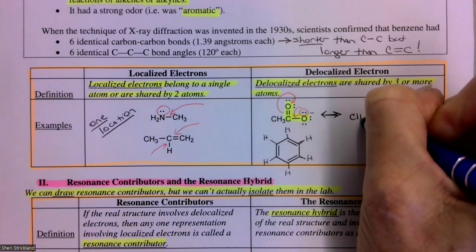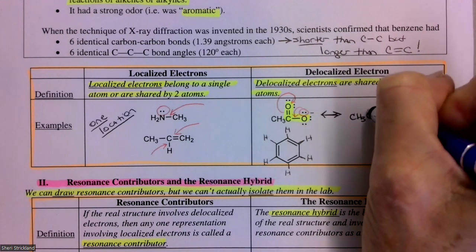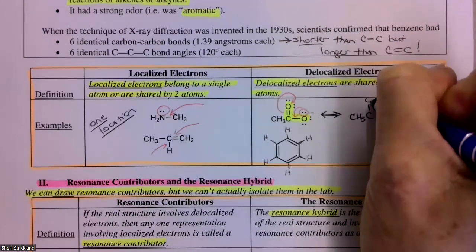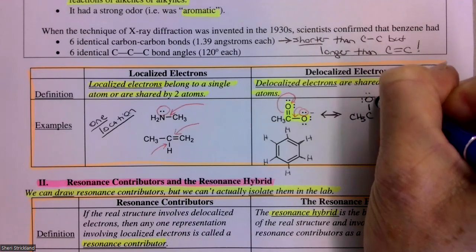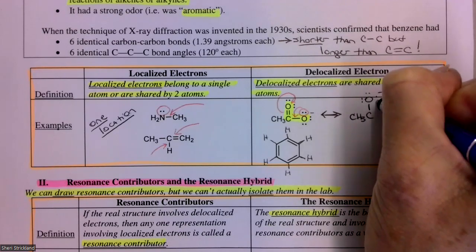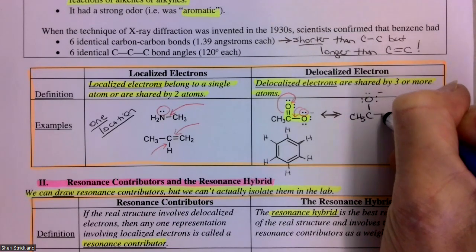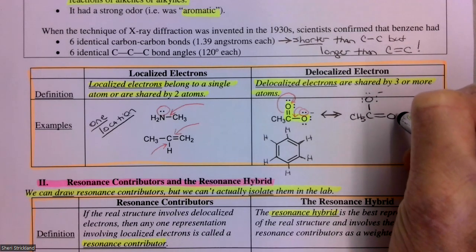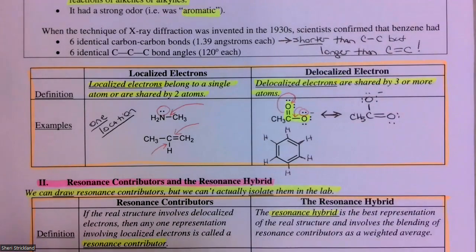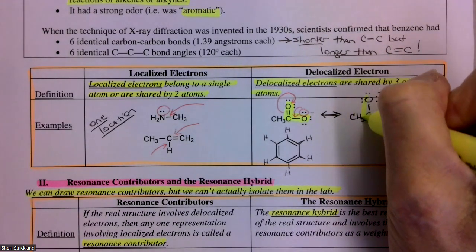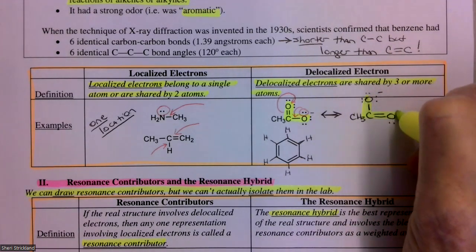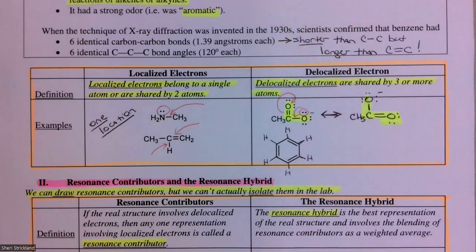But electrons move, specifically pi electrons and non-bonding electrons. So if you follow those 2 curved arrows, we've got this and we've got this. So these 3 atoms make up a delocalized system because the electrons are actively being shared by 3 or more atoms.